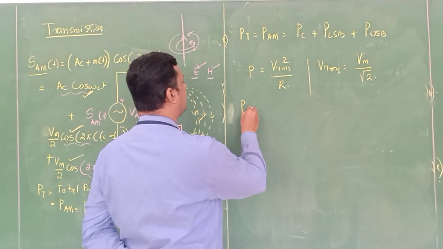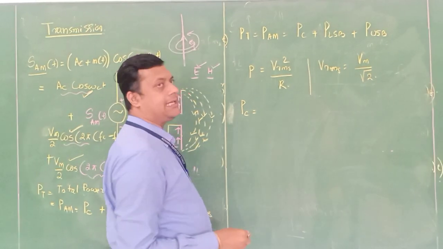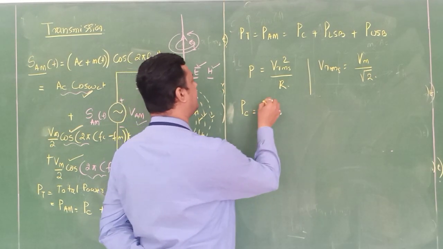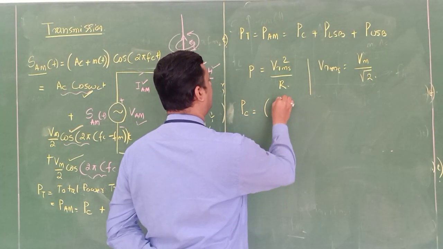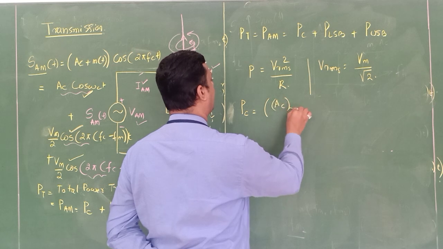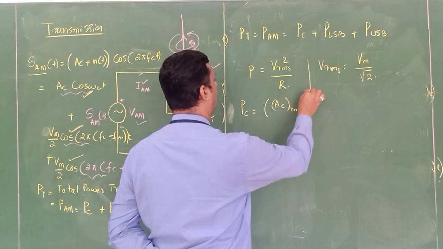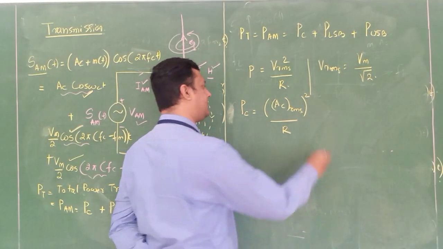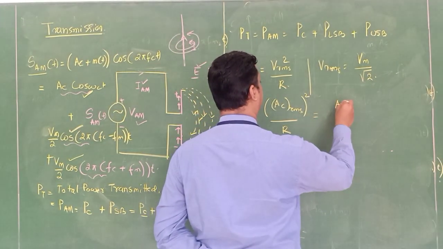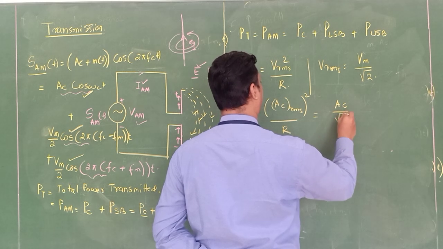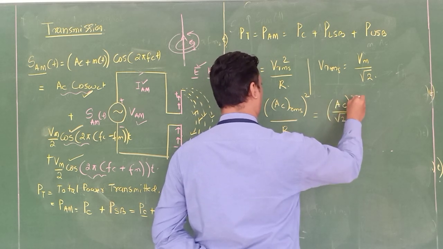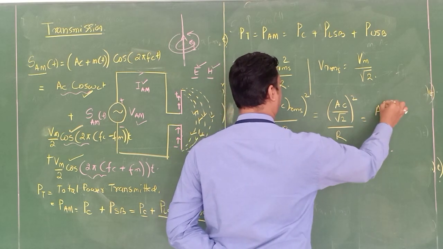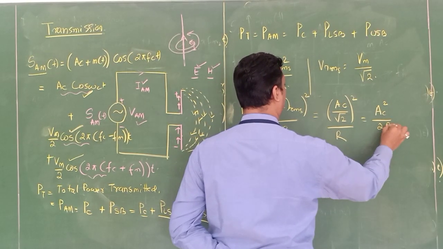So first, power available in carrier. Power available in carrier is AC RMS whole square divided by R. Now what is AC RMS? AC RMS is AC divided by root 2, whole square divided by R, which is equal to AC square divided by 2R.